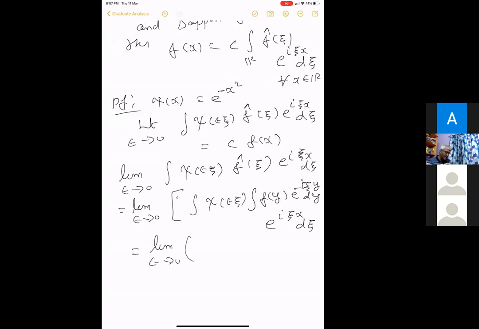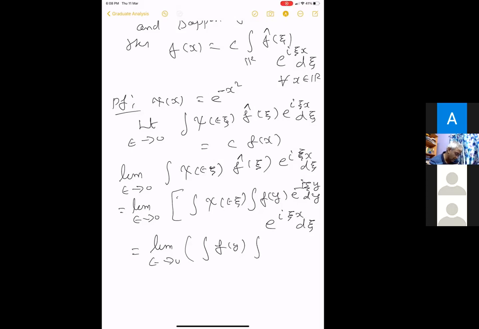Now what do we take out? We can take f of y dy out. We interchange the integral and integrate with respect to xi. So we get f of y here.